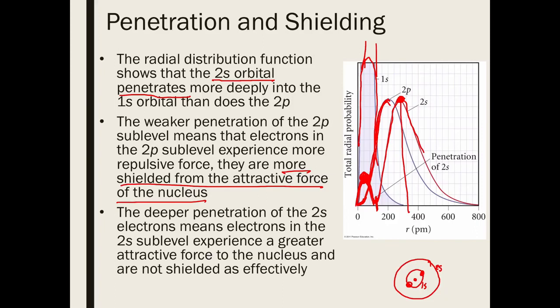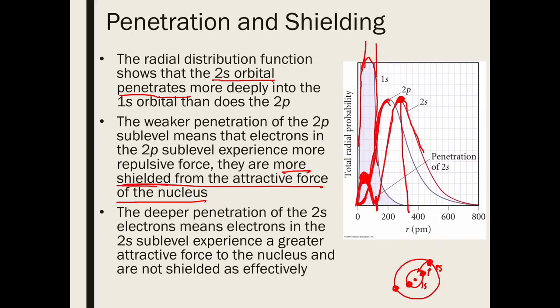In addition, though, let's think about these 2s electrons. These 2s electrons hanging out here are attracted to the nucleus, right? They're attracted to the nucleus, but in the way are these 1s electrons, and these 1s electrons are repelling the 2s electrons. That's when we talk about shielding.